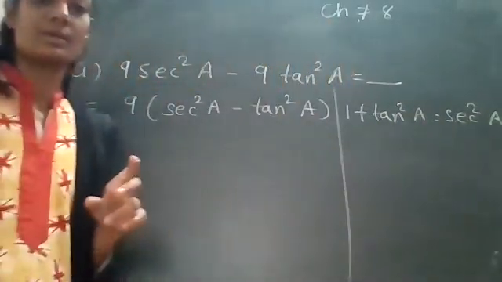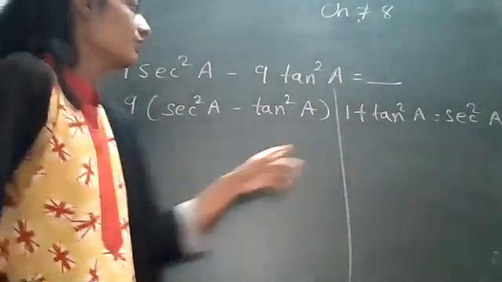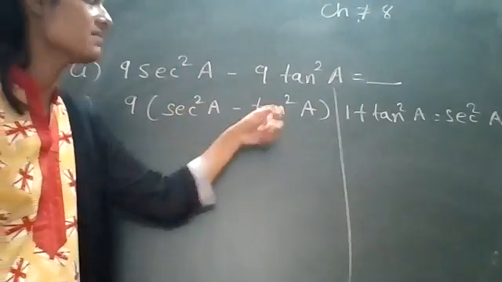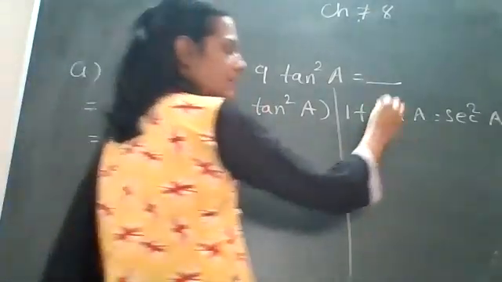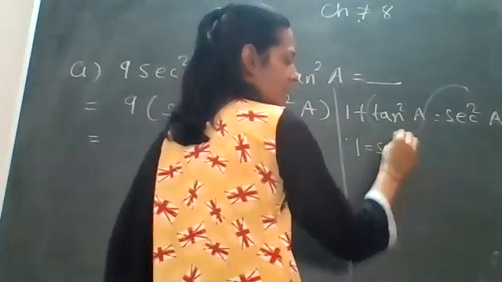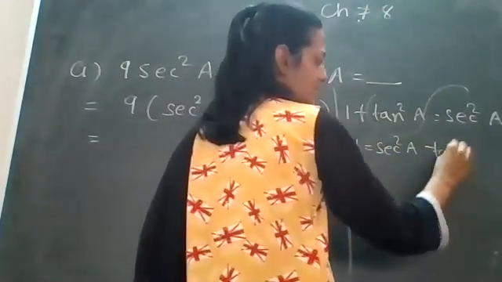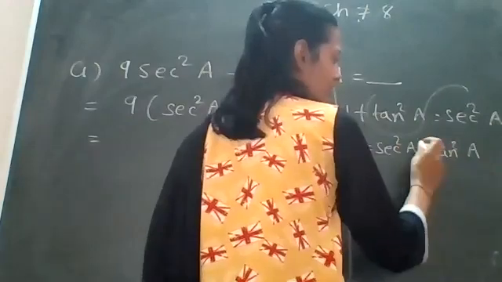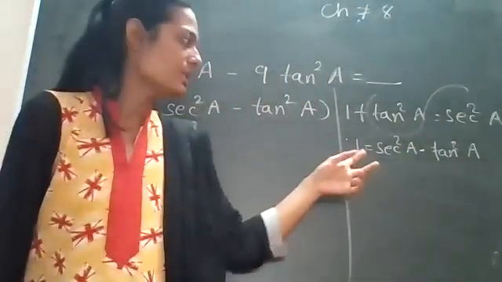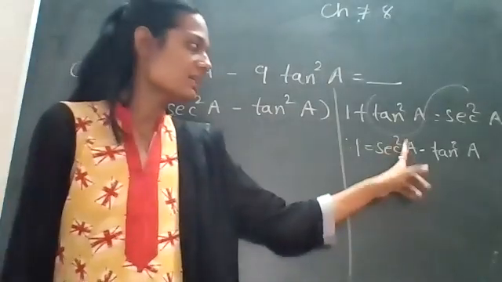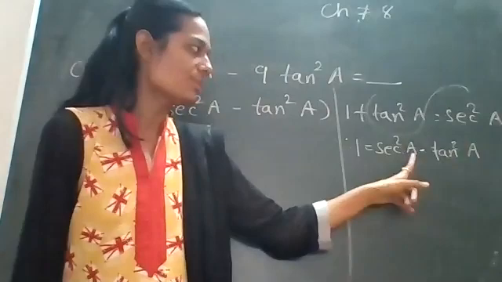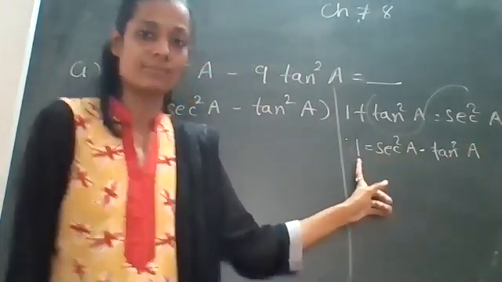Yes or no? Here we want sec square theta minus tan square theta, so we take this tan square to the other side, because 1 is equal to sec square theta minus tan square theta. Now the same identity we are going to use over here. So sec square theta minus tan square theta is 1.